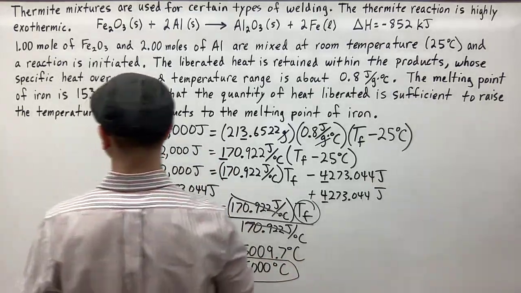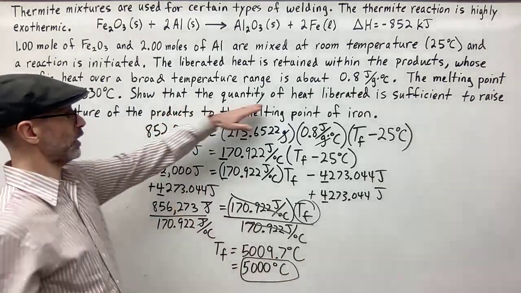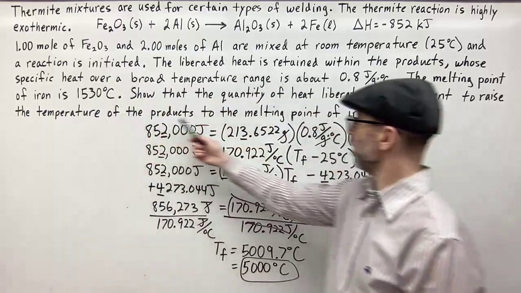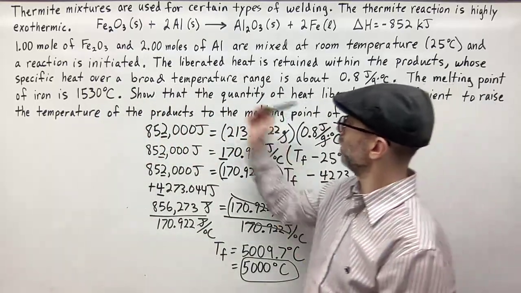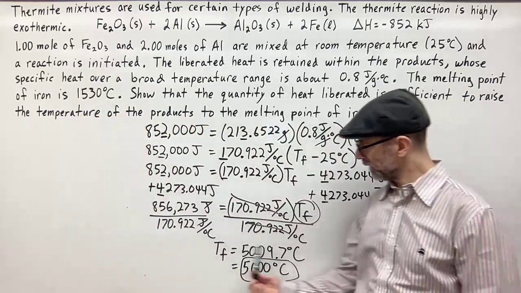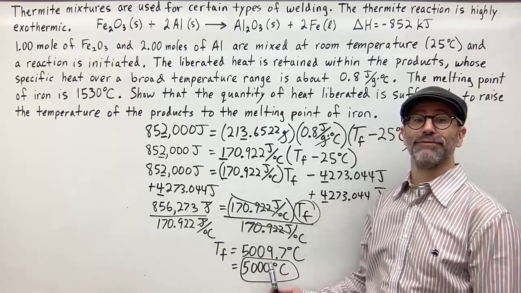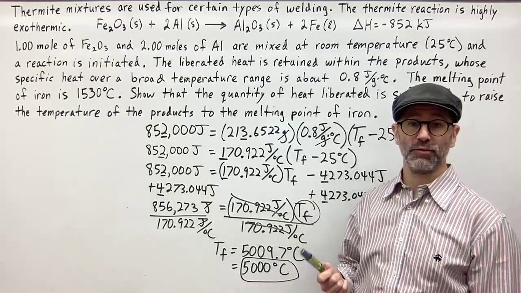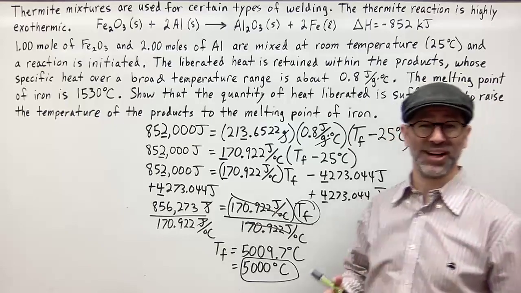And so the question is again, show that the quantity of heat liberated is sufficient to raise the temperature of the products to the melting point of iron. The melting point of iron is 1530. We have enough heat to raise the temperature of the products to 5,000 degrees Celsius, well above the melting point of iron. So this is going to produce a liquid iron.